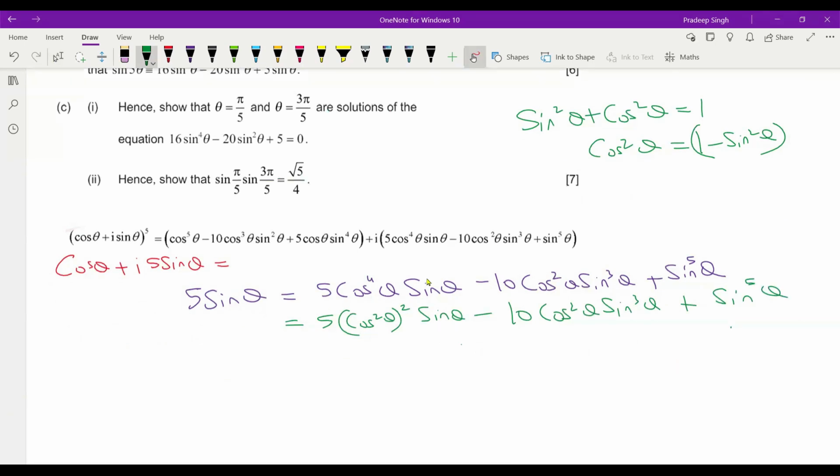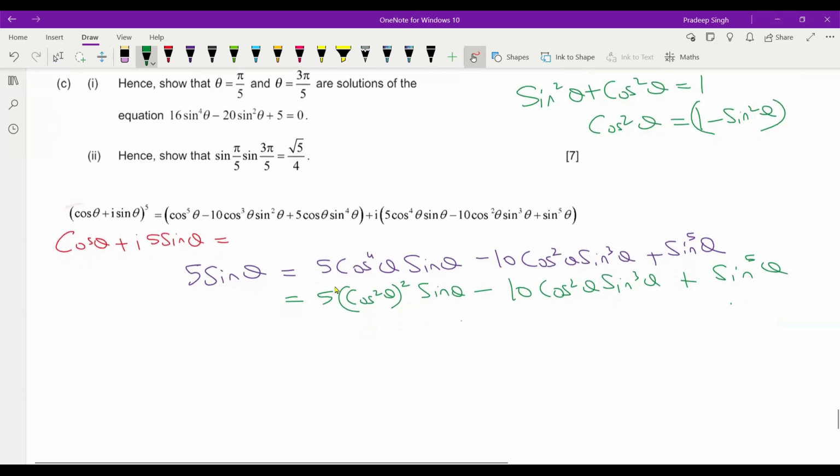Now let's replace all the cos^2 theta with 1 minus sin^2 theta. So we get 5 times (1 minus sin^2 theta) whole squared multiplied by sin theta, minus 10 times (1 minus sin^2 theta) multiplied by sin^3 theta, and at the end we have sin^5 theta.